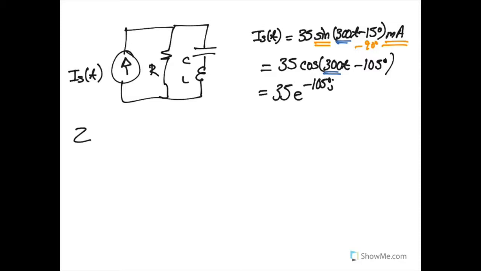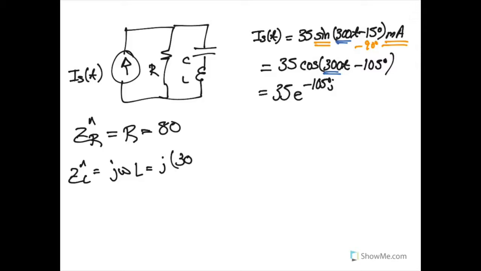The phasor for our resistor is just R, and for this particular problem, R is 80. The phasor for our inductor is jωL, which will be j times our 300 radians per second frequency, and L for this particular problem is 15 millihenries. So our final result right here is 4.5 j, and for this particular problem, we will represent it as this vector quantity there.